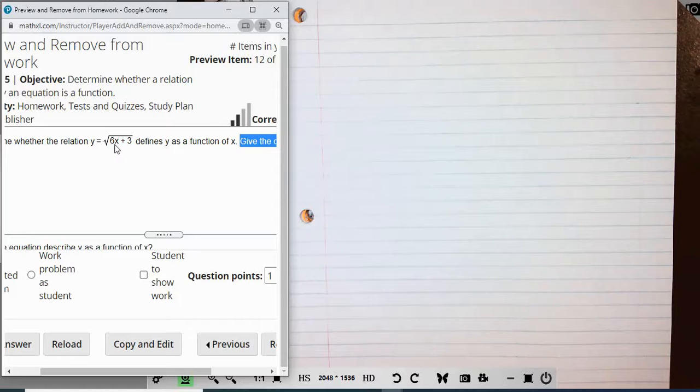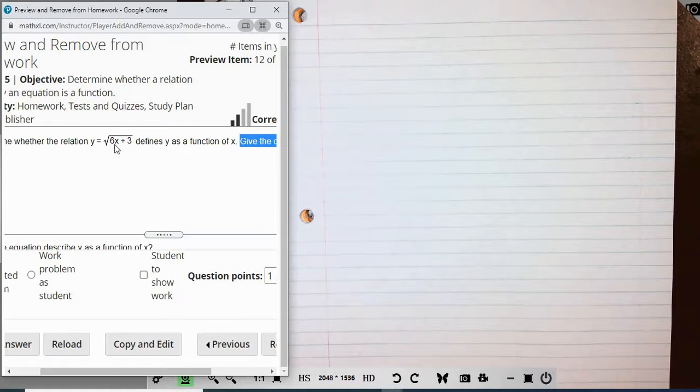This is not really hard to do, to find the domain. I guess the deeper question is, a lot of times, why are we doing this? Well, we want to know what values are excluded from the domain of a square root function.